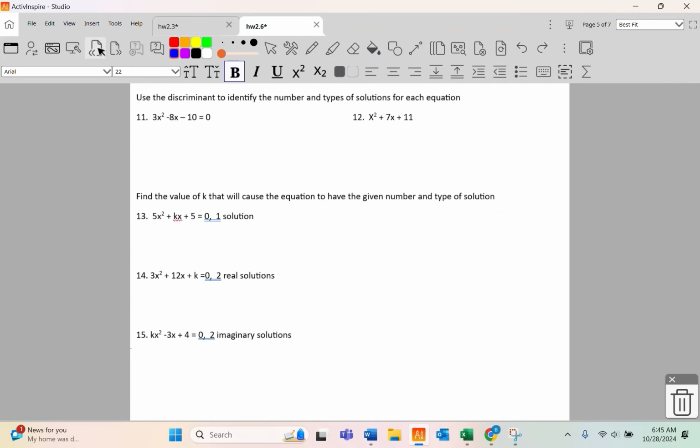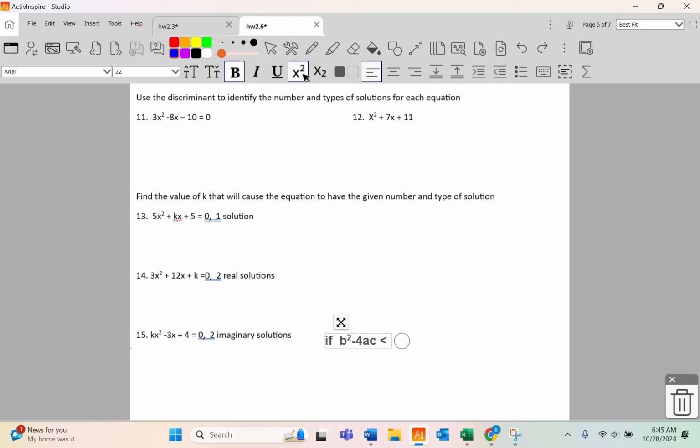Let's see here. I guess I'll do 2 of these 5. It says find the value of k that will cause the equation to have a given number of solutions. So let's look at 15. The imaginary solutions happen if b squared minus 4ac is less than 0.